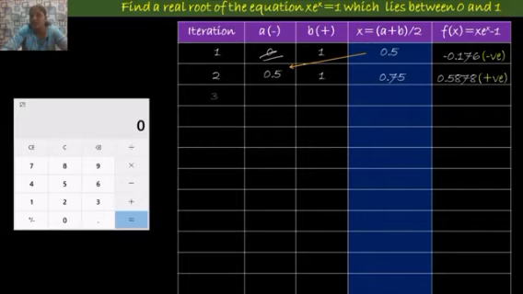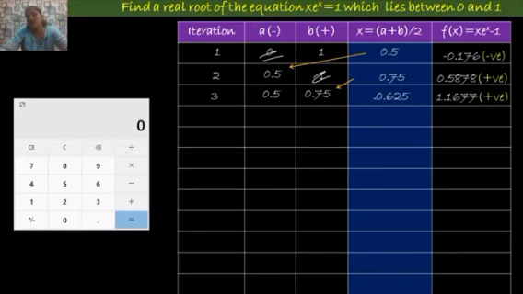At this point you calculate the function f(x), that is 0.5878, which is positive. If it is positive, you have to replace the value of b in the next iteration. So a is 0.5 and b is 0.75, and adding and dividing by 2 gives 0.625.